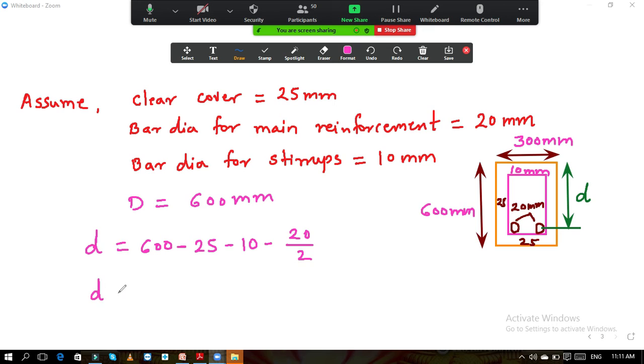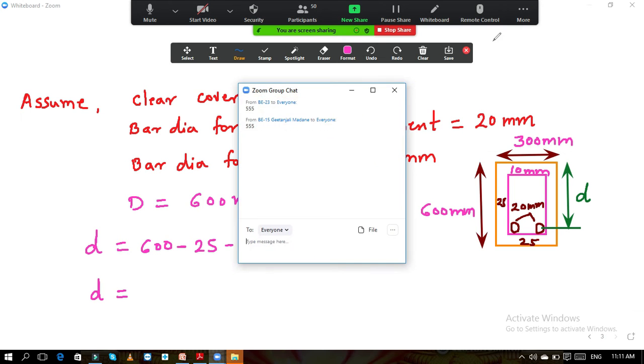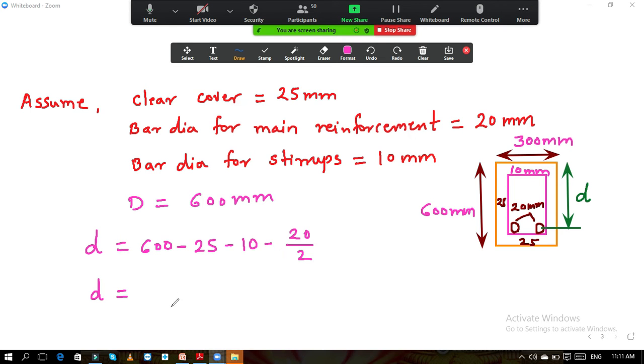So if you do, then you will get the effective depth. What is the answer? 555. Okay, so your effective depth is 555 mm.